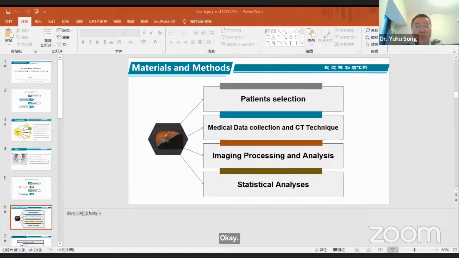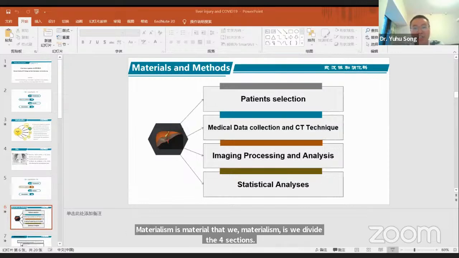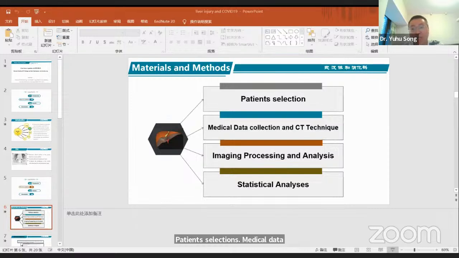Materials and methods: we divide into 4 sections: patient selections, medical data collection, and CT techniques. Then we collect the CT image, process and analyze the CT image, and do statistical analysis. Patient selections: the patients with COVID-19 received a CT scan and the laboratory examinations within 2 days after admission, from January 24th, 2020 to February 17th, 2020.